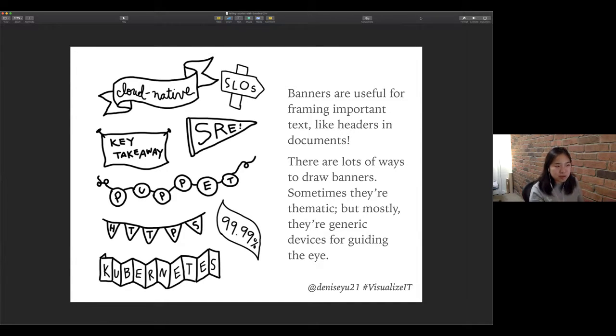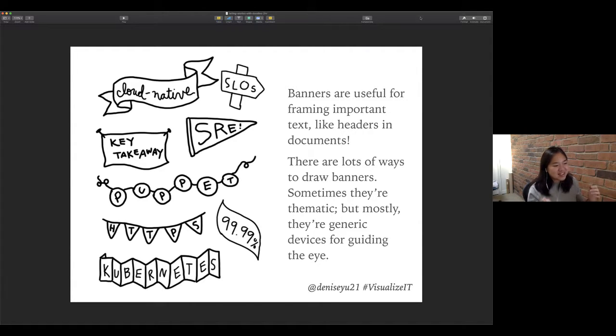So banners are super useful for framing important information. Once upon a time, I used to try really hard to think of banner ideas that complemented the subject matter. Like if someone from Boeing was giving a talk about their IT projects, I'd think, okay, clouds, airplanes, all these things related to aviation.